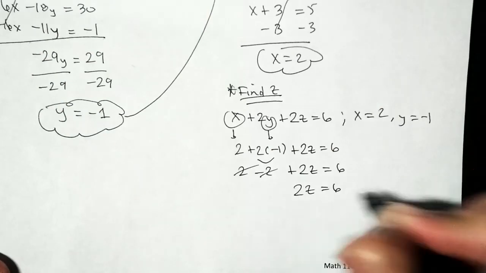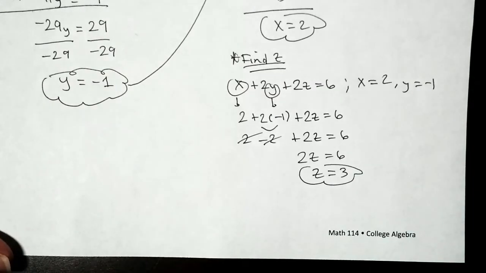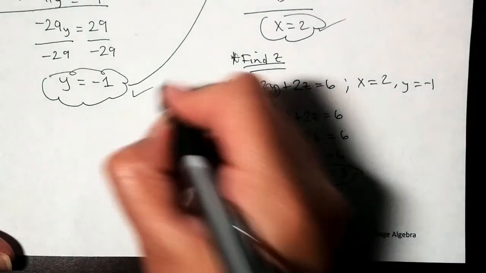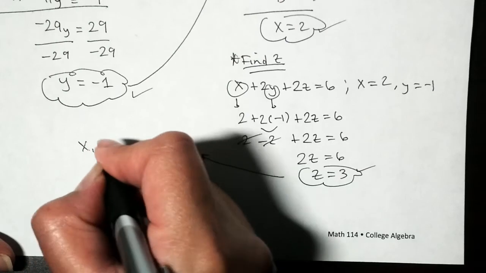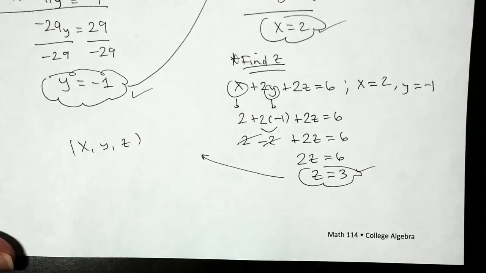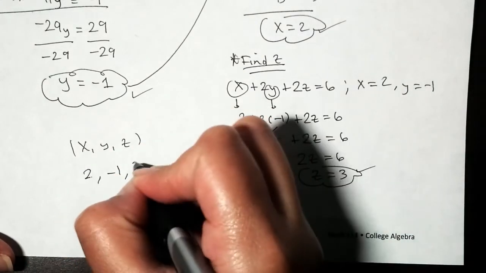And after we divide both sides by 2, that will give us 3. So check it out. We found an x, we found a y, we found a z. So this system definitely has a solution. Remember, it needs to be in an ordered triple. Okay, so x is 2, y is negative 1, and z is 3.